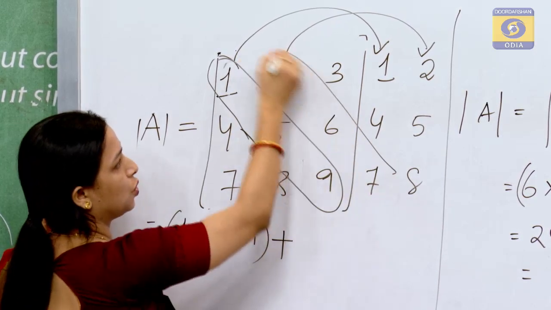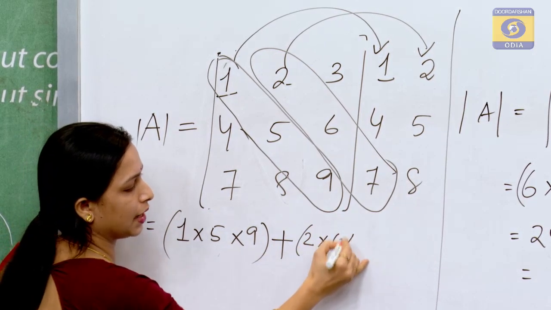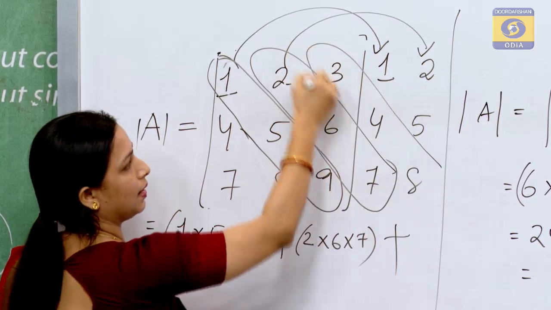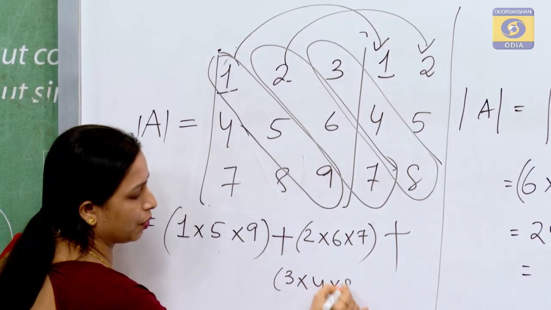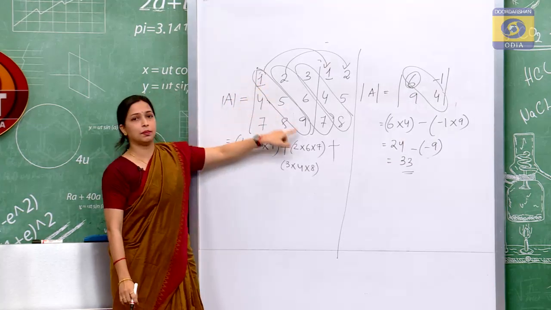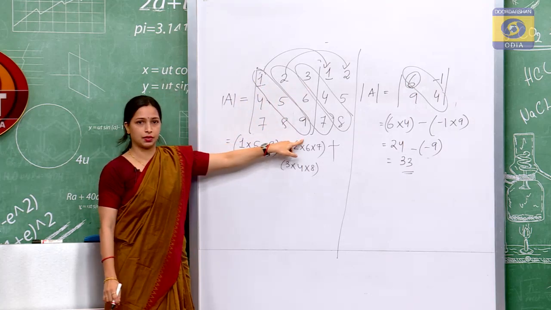So, that is 2 into 6 into 7, then add it to the next parallel diagonal, that is 3 into 4 into 8, right. So, we took the product of the 3 parallel diagonals going downwards, right.